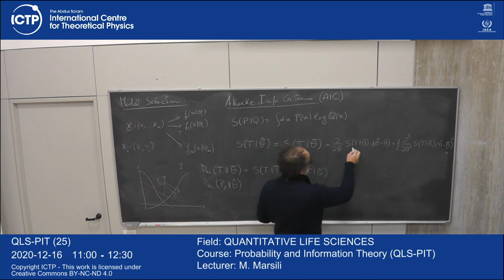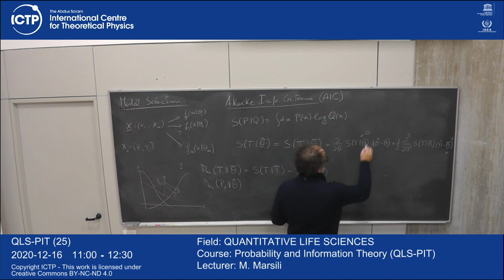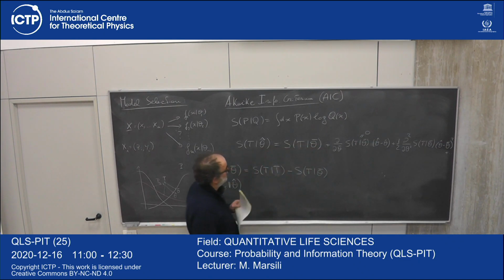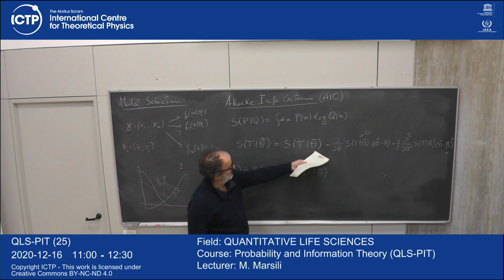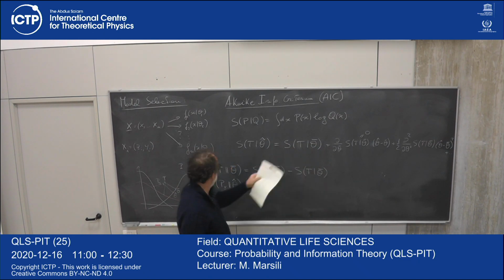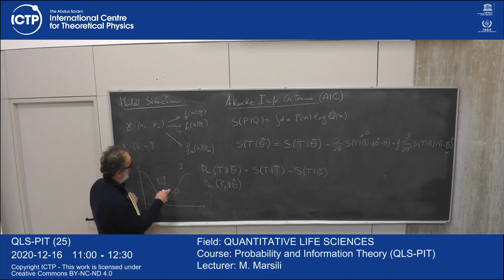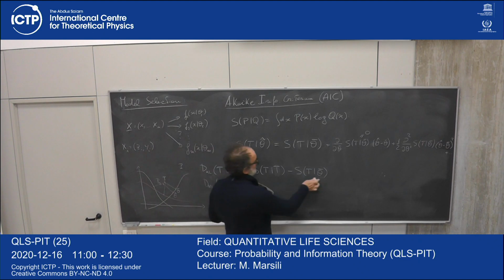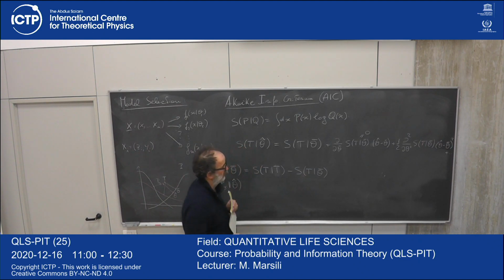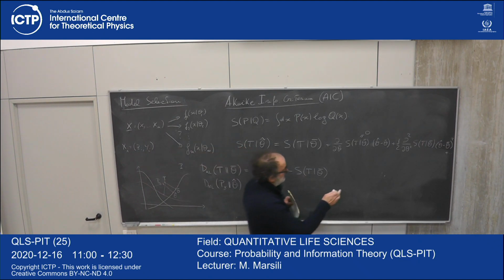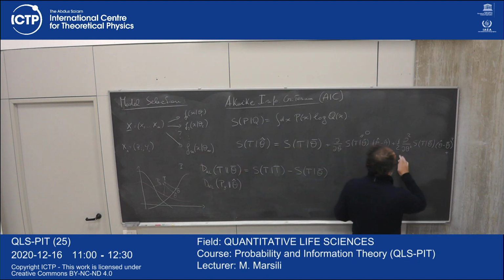So the first observation is that this is going to be equal to 0 because theta bar is the maximum. This is the closest point to T, so it's the one that maximizes this object here. And the second thing is that this term must be negative.